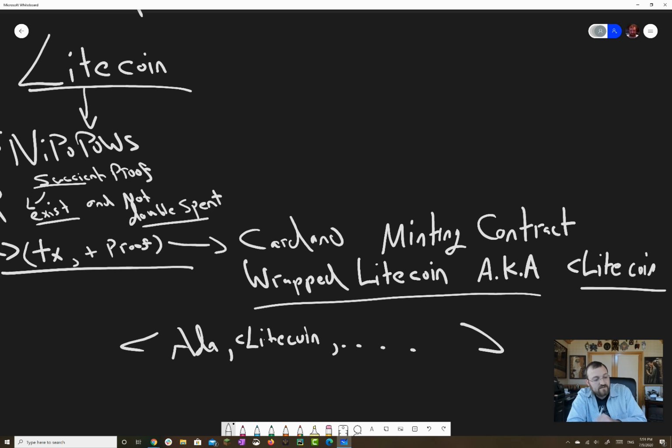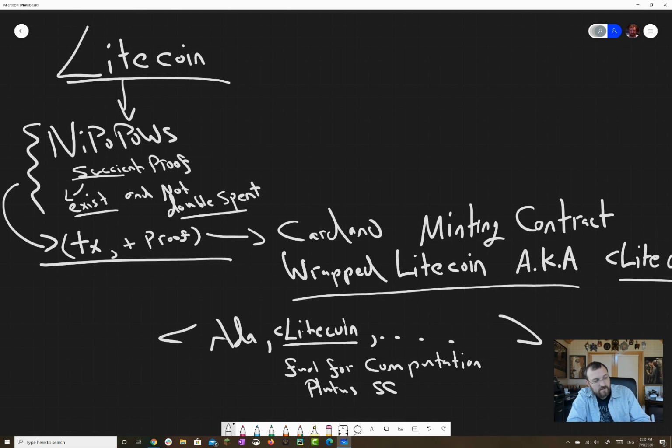And that other asset that's floating around the system could also be used as fuel for computation. So you could use this for Plutus smart contracts. And then suddenly Litecoin now has smart contracting capabilities. And the people operating Cardano now get paid for those contracts that are powered by Litecoin.